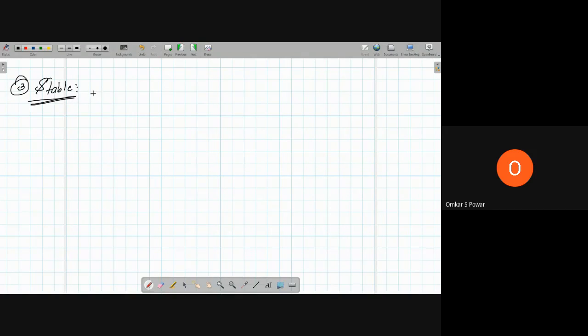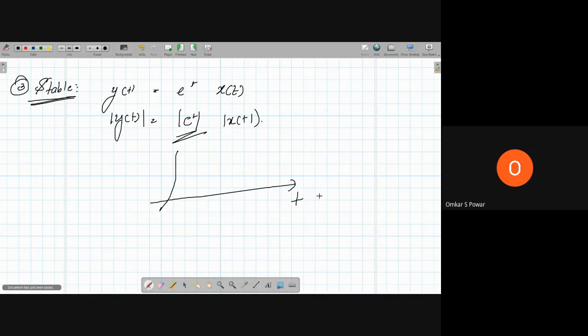Now the third property, which is known as stability or the stable property. So what is our question? y of t is equal to e power t into x of t. What I told, for the system to be stable, it should be well within the limits. So let us take the modulus of this one. So e power t. If you plot this one as t tends from 0 to infinity, what is the value of e power t?